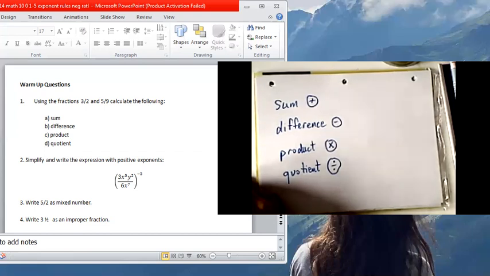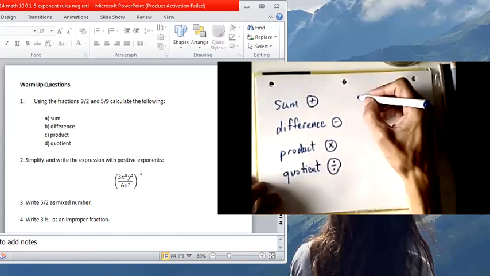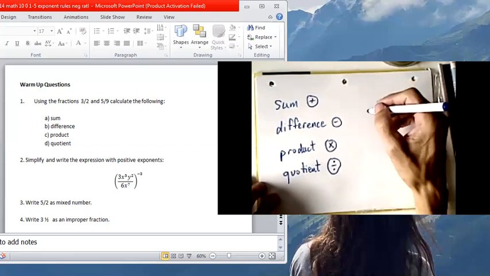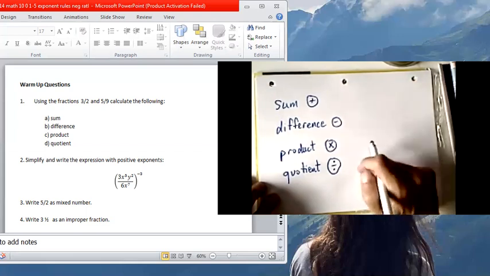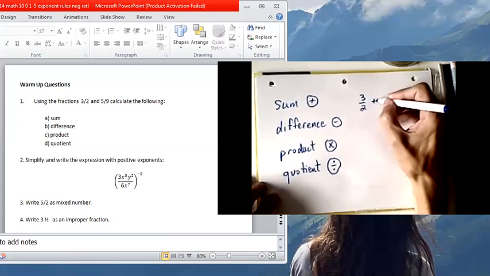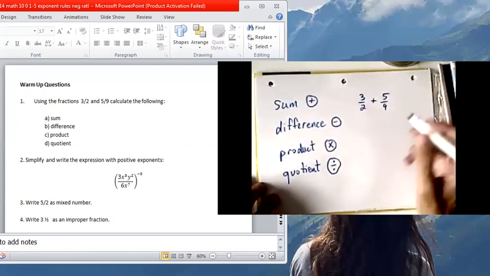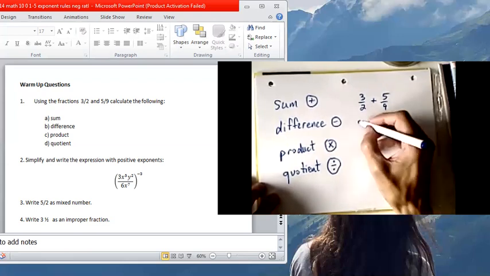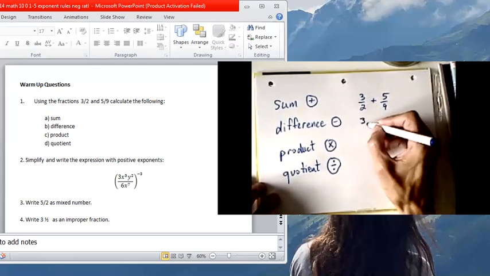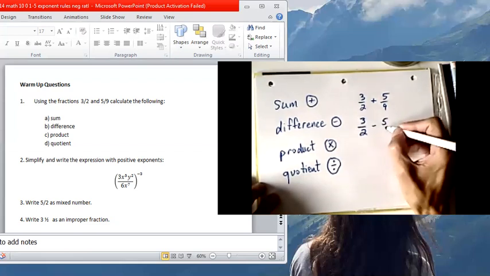Now I'm looking at this question. I gave 2 fractions there, 3/2 and 5/9. So how I'd like you to do each question is just like this. For the sum, that means 3/2 plus 5/9. That's how I'd like you to work on that one. For the subtraction, you see the order matters. And so I'd like you to work on it like this.